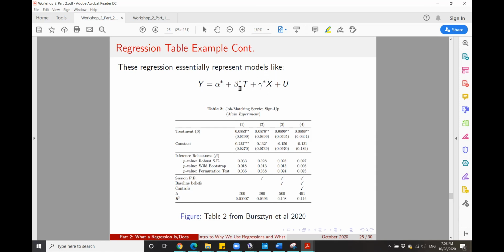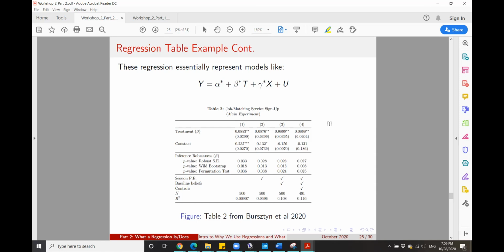Here x is a vector, and t is the variable that we care about, right? So here, this would be our b hat of b and our alpha hat of alpha. And actually there's no gamma or x because you don't have these extra control variables. Usually you don't report the coefficients for all your control variables because there are a lot of cases where you'll have even hundreds of control variables if you're running a panel regression.